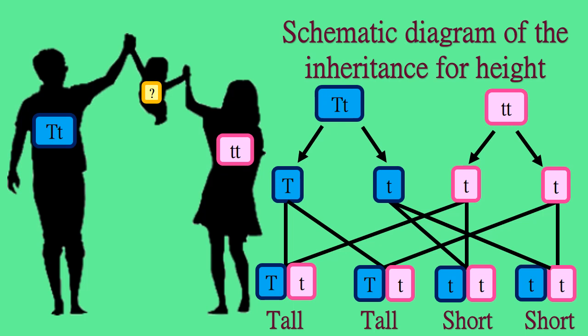So we can get tall and short in the same ratio. The chances of getting a tall and short child is 50%. In this example, the recessive characteristics are shown when both alleles are recessive. Small t coupled with small t will give a short child.